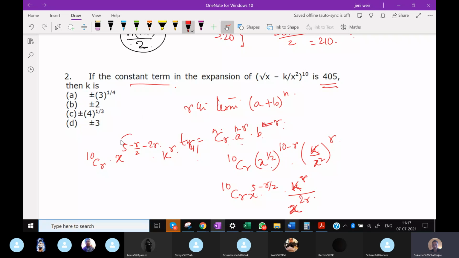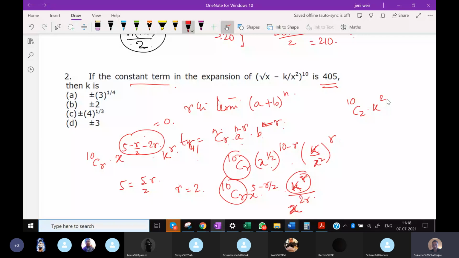So the constant term means the power of x will be equal to 0. That means 5 will be equal to 5 by 2 r. So r would be equal to 2, right? So that means this would be 10Cr into k to the power r, which would be 10C2 into k to the power 2 equals 405.